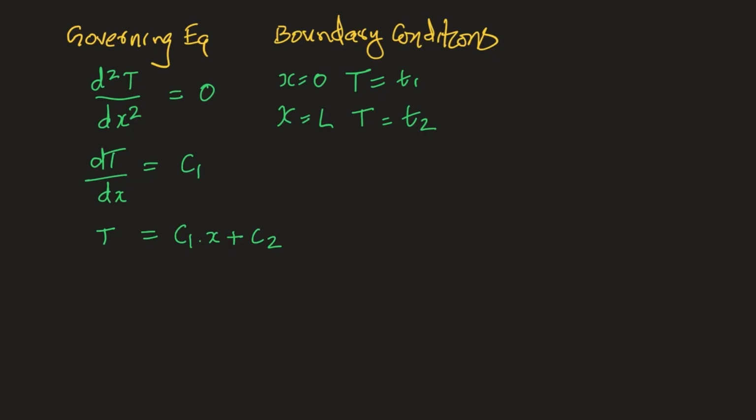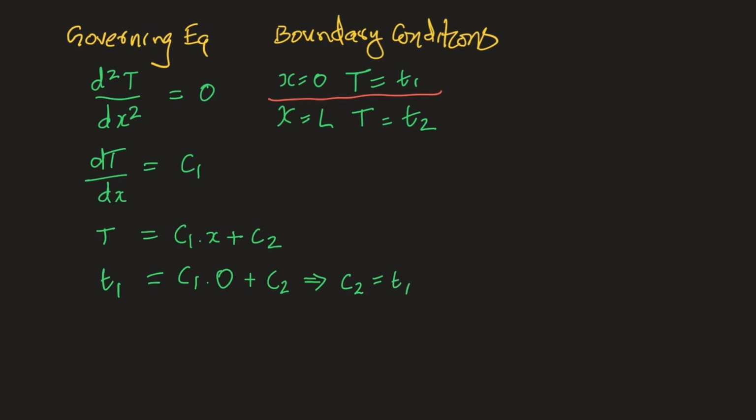The first condition is at x equal to 0, the value of temperature T is equal to T1. So let us substitute that. T equal to T1 at x equal to 0 gives C1 into 0 plus C2. This implies that the value of C2 is equal to T1.